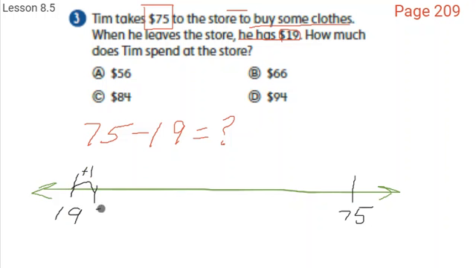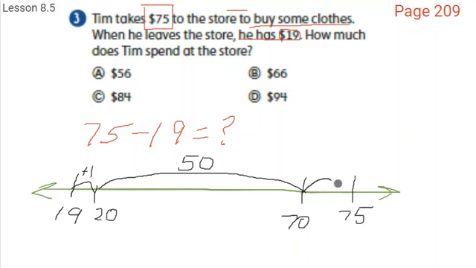Make that 20. And then I have 2 tens and 7 tens. I have to add 5 tens to get to 70. That's 5 tens, which is 50. And then to go from 70 to 75, just count on: 70, 71, 72, 73, 74, 75. That's going to be 5.